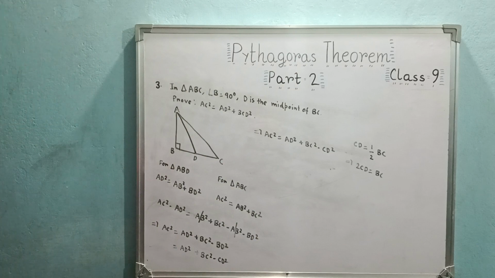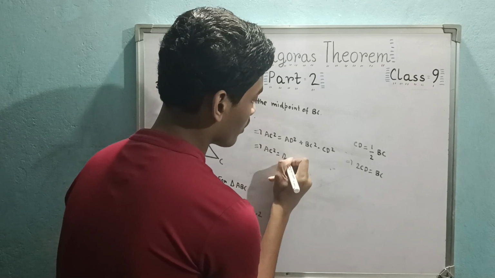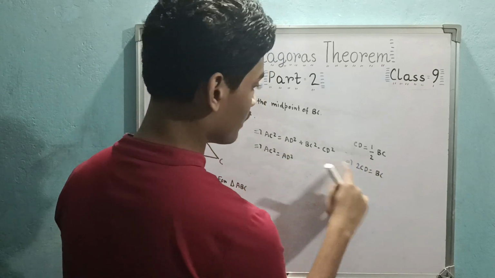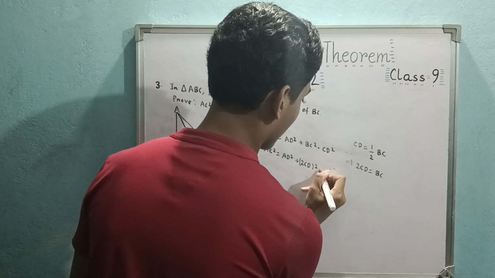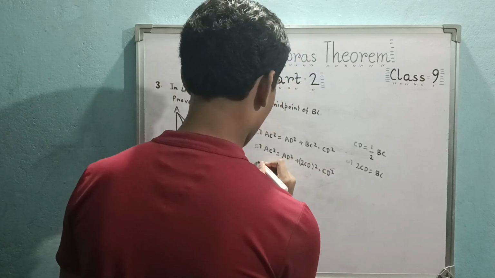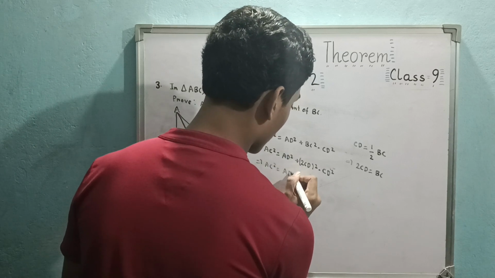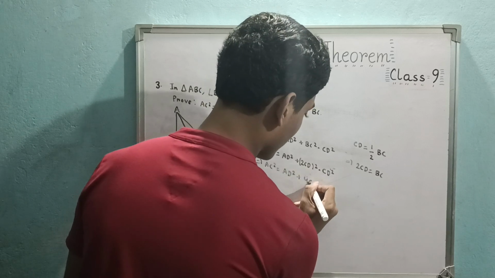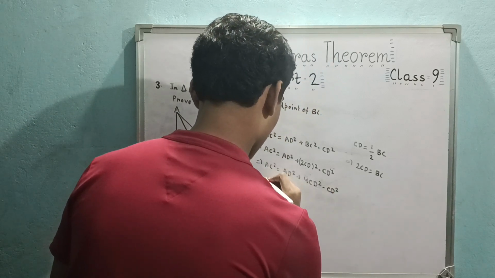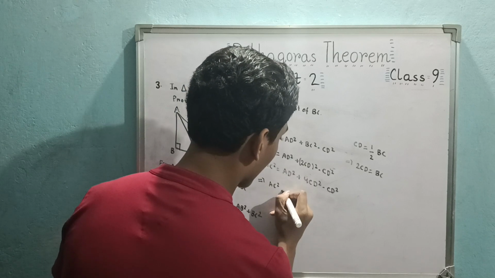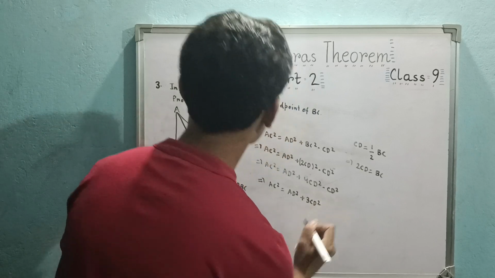Okay. What will that be then? See this, AC square equal to AD square plus, BC equal to 2CD, so 2CD whole square minus CD square, or AC square equal to AD square plus 4CD square minus CD square, or now the final line, AC square equal to AD square plus 3CD square. I think that's the proof we have to find.